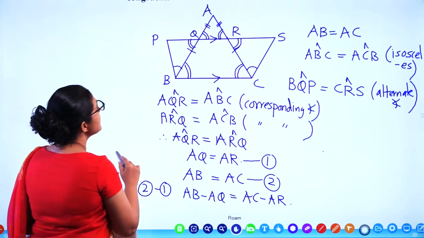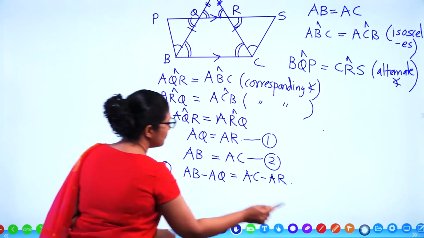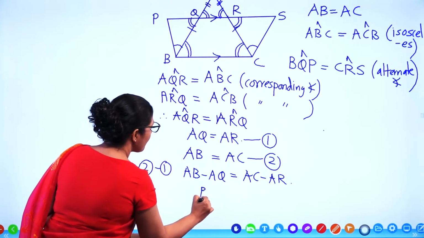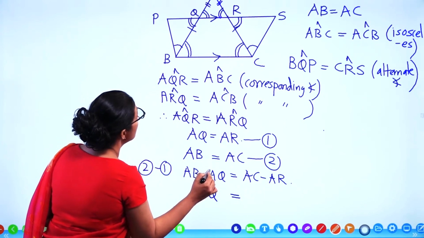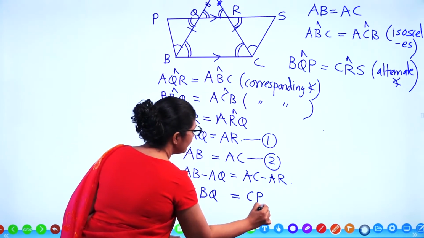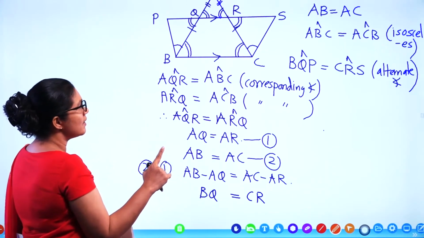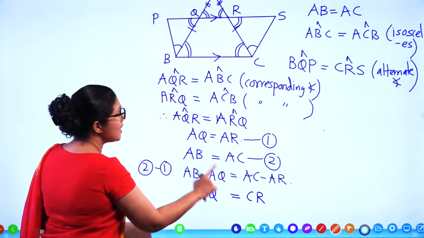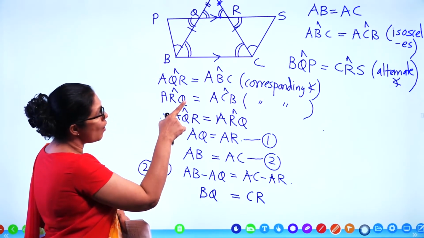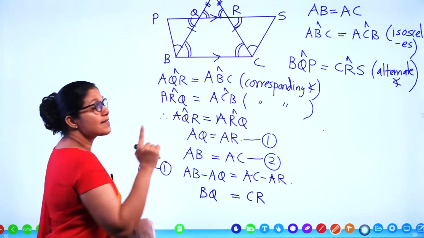AB minus AQ, you get BQ. AC minus AR, that's CR. So these two lengths are equal. Now we can use that one, BQ and CR, to find out the two triangles are congruent.